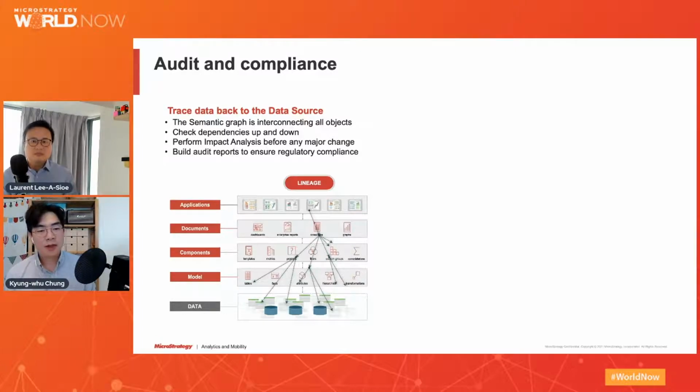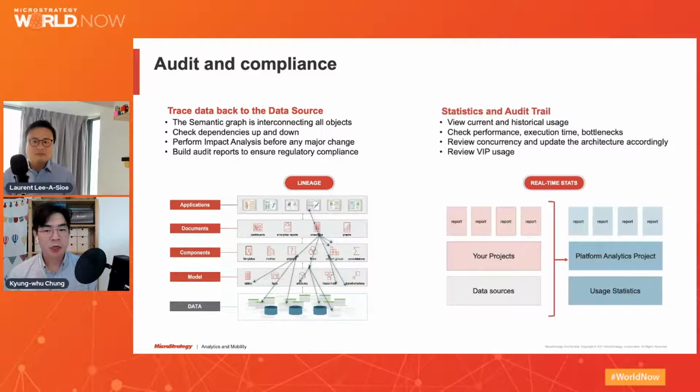And one of the other benefits of having the object architecture is being able to have real-time statistics and telemetry of the usage of those objects. So for example, we can understand which people are using which KPI, which KPI is the most commonly used, and which KPI is more related to another KPI, and so on and so forth.